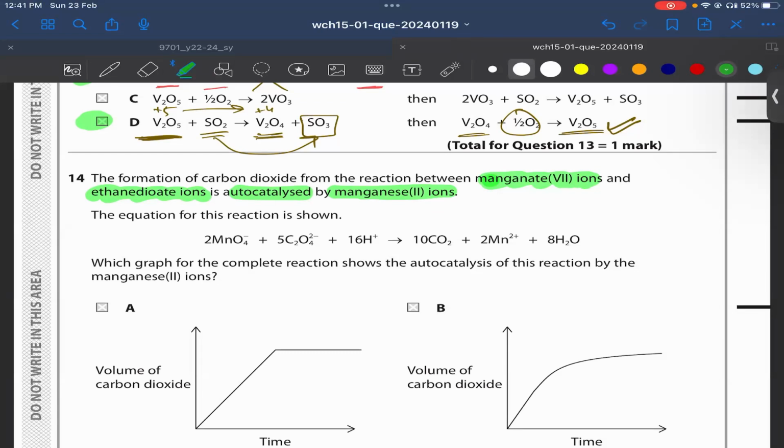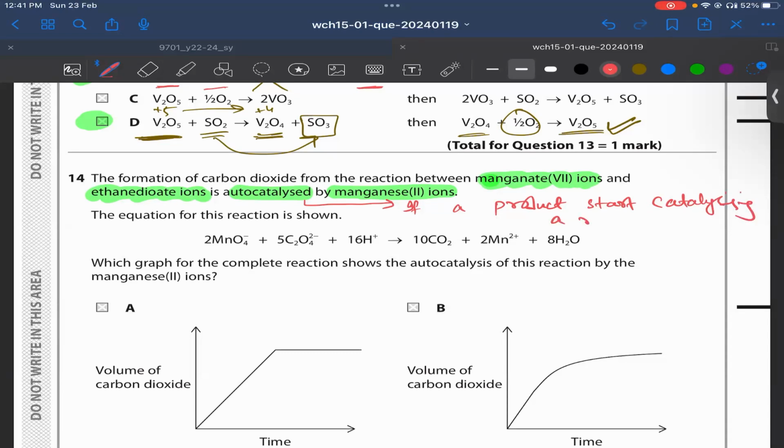Autocatalysis, as the term suggests, is when a reactant or a product starts acting as a catalyst. So we say that the reaction is catalyzing itself, and most of the time it is one of the products which starts catalyzing the reaction.